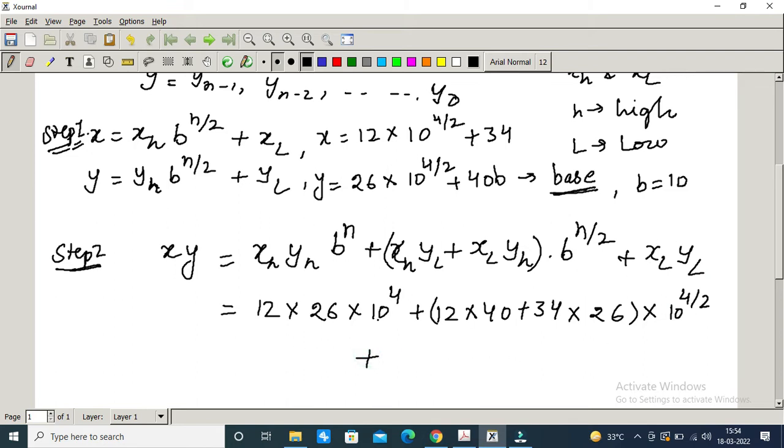So multiply these xl and yl, that means 34 into 40. After calculating this number, you will get an answer.